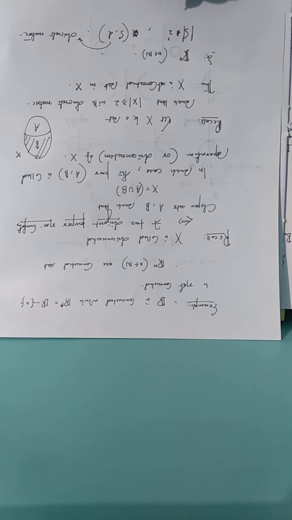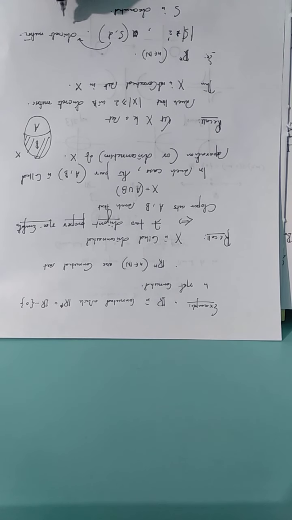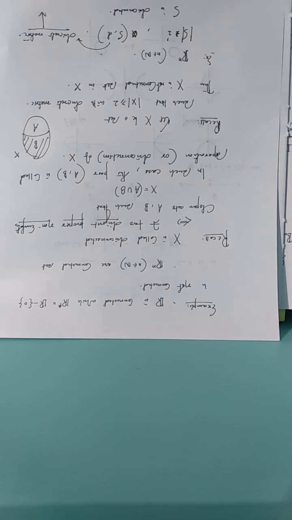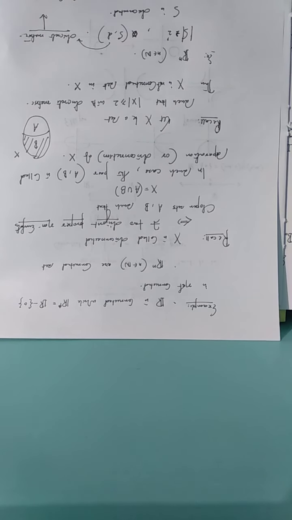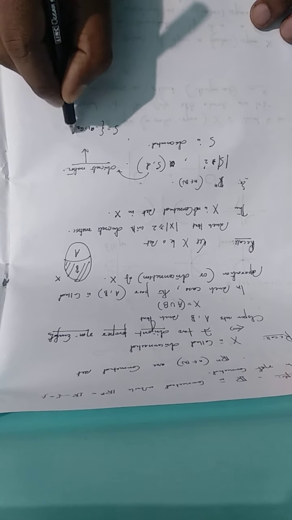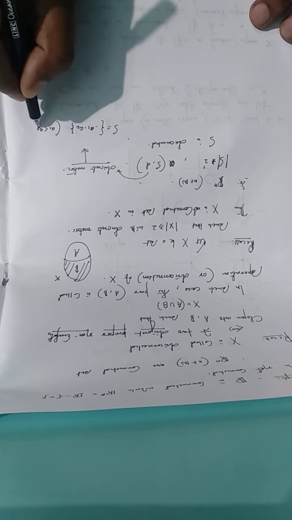Then obviously S is disconnected, because the metric is the discrete metric. So you take S equals to {A1, A2}, where A1 and A2 are two different points.